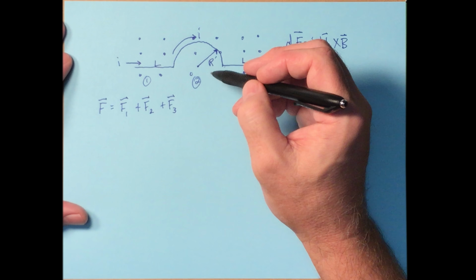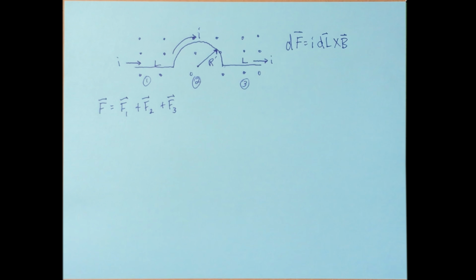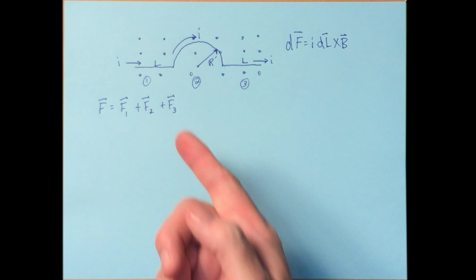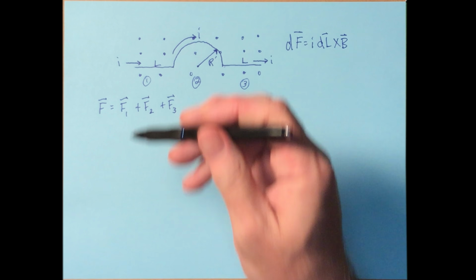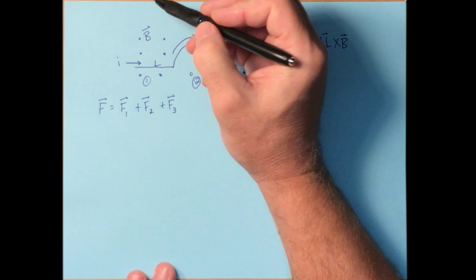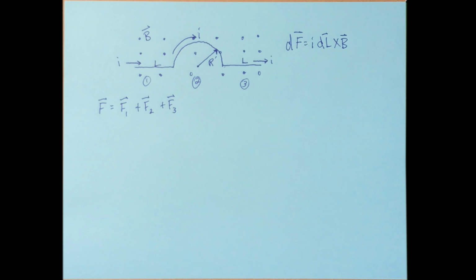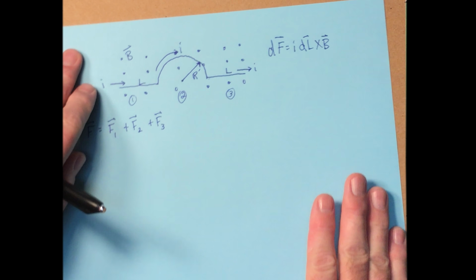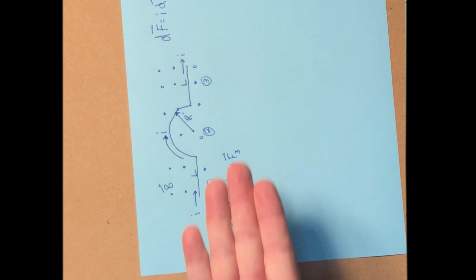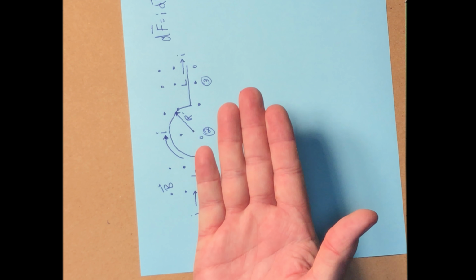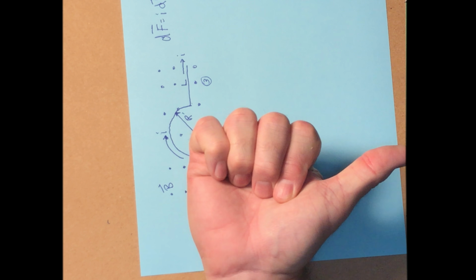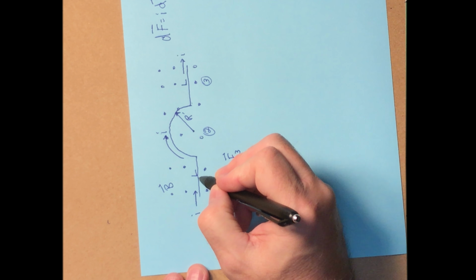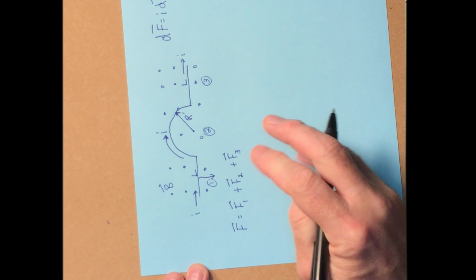Okay, for section 1, think about the direction for that one. Put your right hand in the direction of I, curl your fingers in the direction of B. This is B, recall. B is up out of the page, so if I turn it this way, I dl cross B is up, so there is a force in that direction right there for F1.